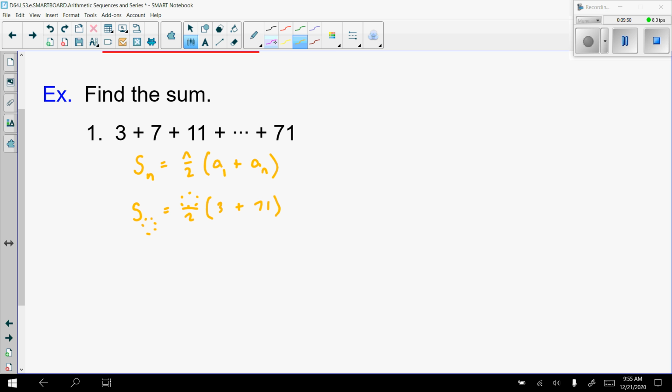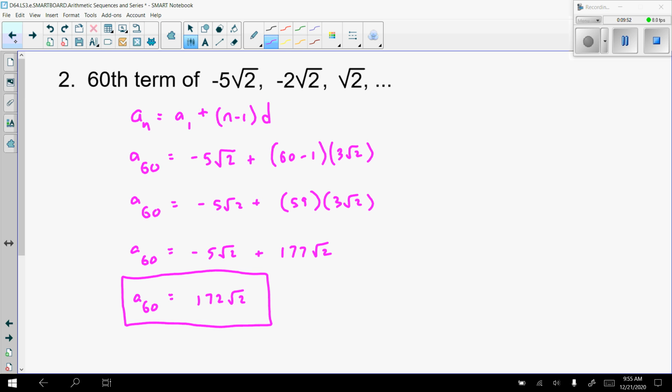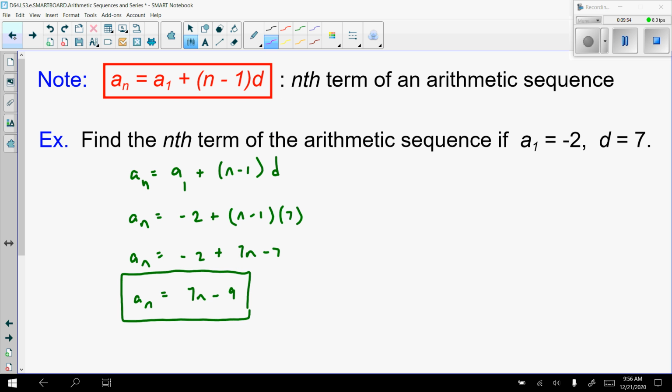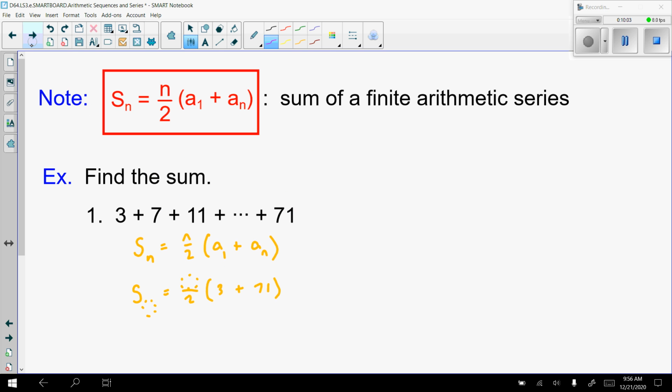Well, let's look back at the formula we used here, because there is the n value right here. So let's use this formula and work it out here. Let me go ahead and write that formula down, which is a sub n equals a sub 1 plus the quantity n minus 1 times d.